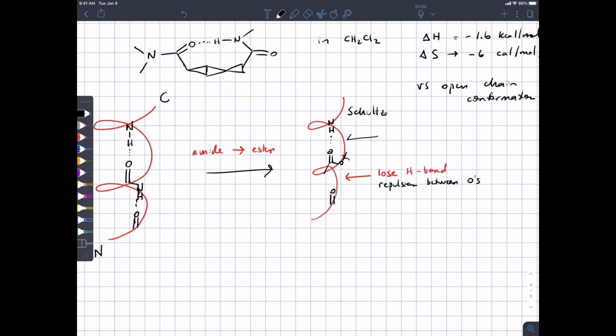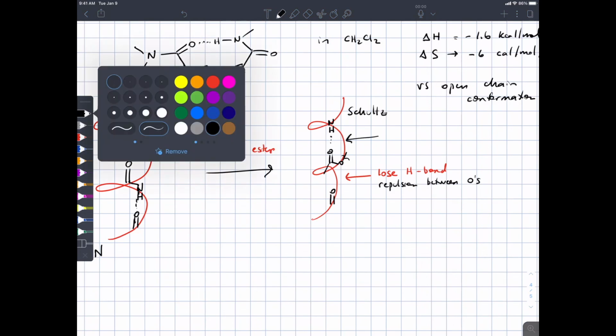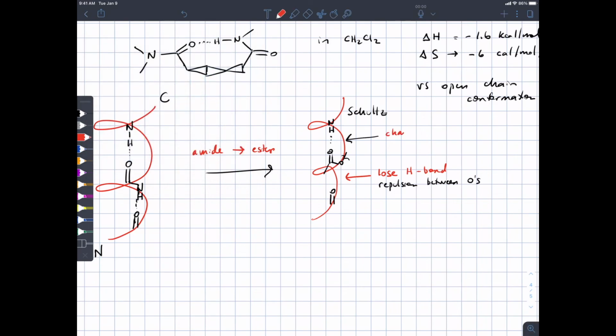And then finally, you change the strength of the hydrogen bond here because you've got to be worried about whether amides versus esters are better hydrogen bond donors. We'll talk next time about how they're poorer. Anyway, stay tuned. We'll have just a bit more to say about hydrogen bonds, and then we'll move on to other things.